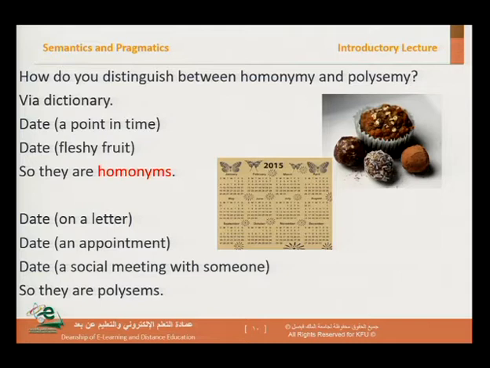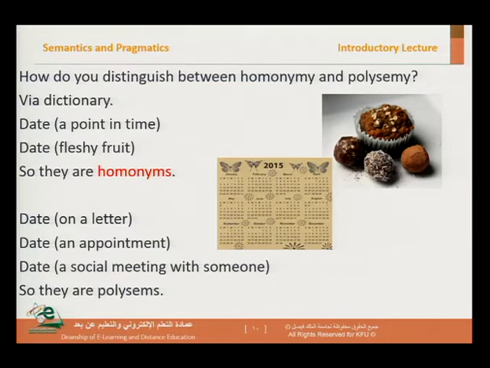Date could be a point in time. A date: this day, this month, and that year, I'll meet you. That's a date. Also, there is a date we can eat, right? It's a fleshy, sweet, sugary fruit. That's also a date.